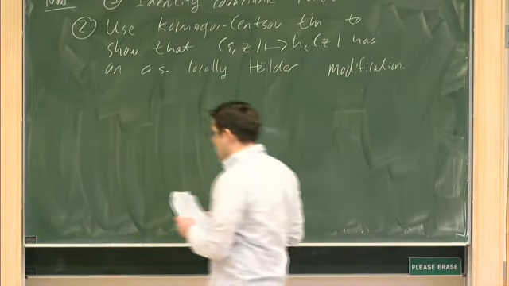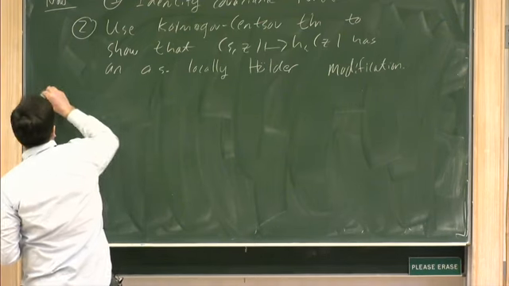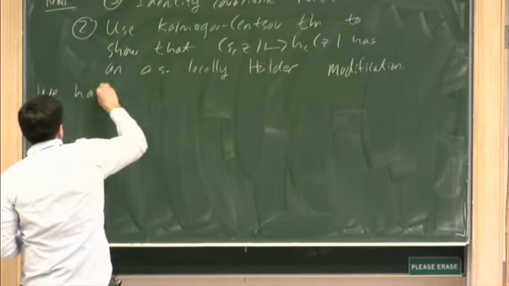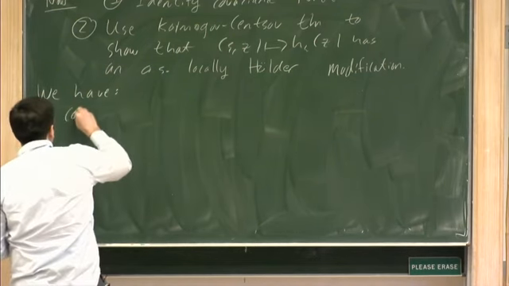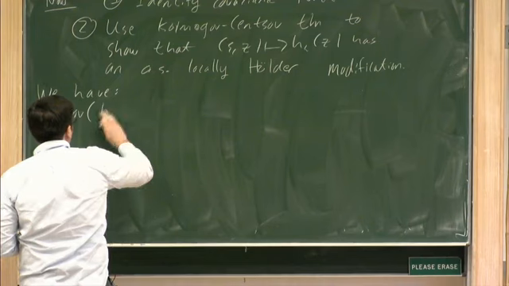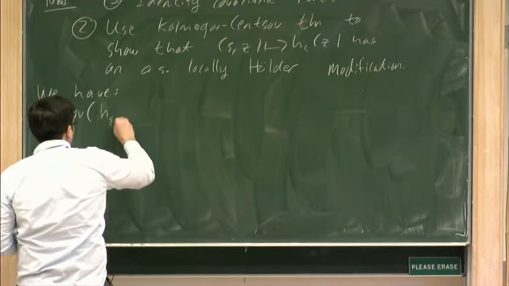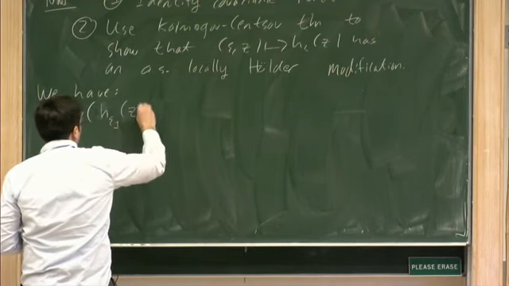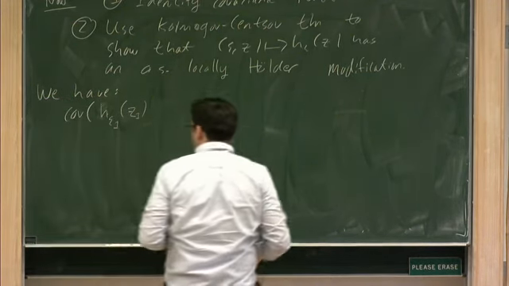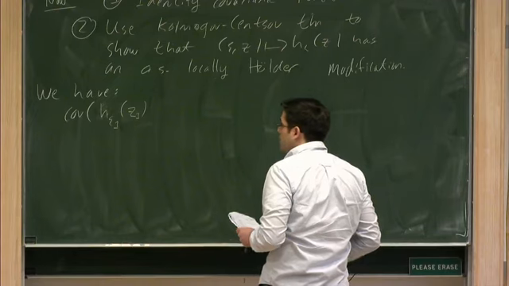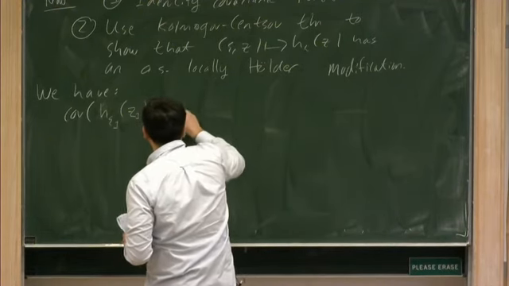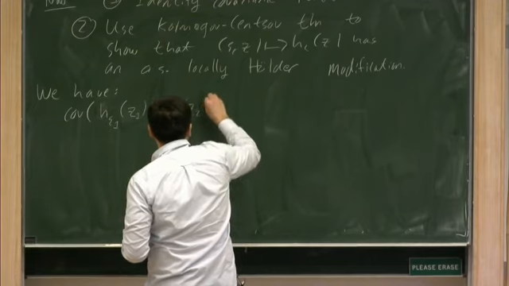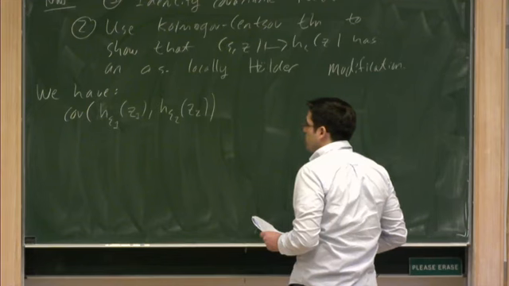Okay, and so how does this go? So let's first do the covariance function. Let's just do the calculation. So what do we have? Well, we have the covariance of the average of h on the circle of radius epsilon 1 centered at z1 with the average of h on the circle centered at z2 of radius epsilon 2.